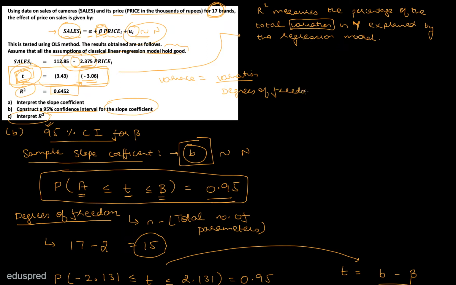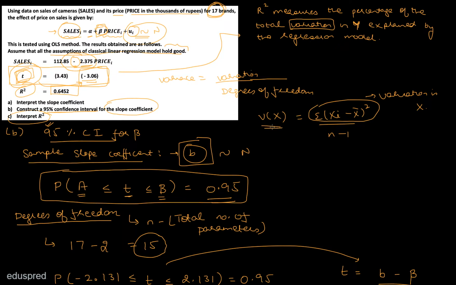So if you find the variance of x, it is equal to the summation of xi minus x bar whole square divided by n minus 1. The summation of xi minus x bar whole square is the variation in x, and if you divide the variation in x by the appropriate degrees of freedom, what you get is the variance of x. So be careful with the wording over here. In the R-square interpretation, we are explaining the total variation in y.